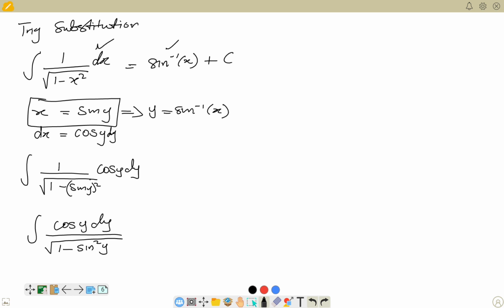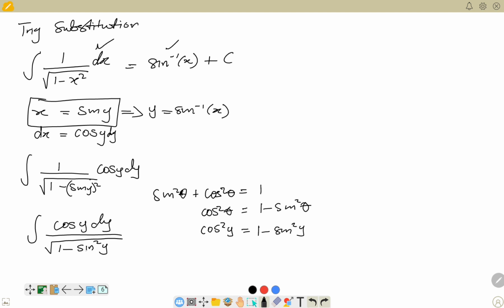So, okay, let's continue. We know the identity sine squared theta plus cos squared theta is equal to 1. Then cos squared theta is actually going to be 1 minus sine squared theta.